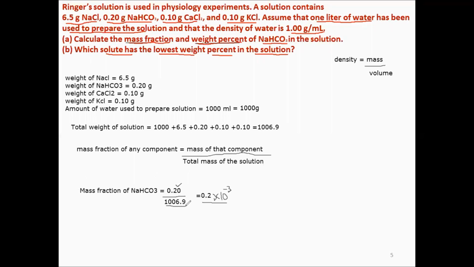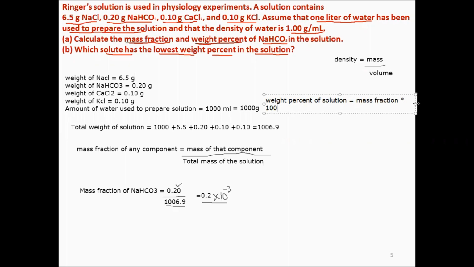So we can define a formula for calculating the weight percent of solution: it is equal to mass fraction multiplied by 100.